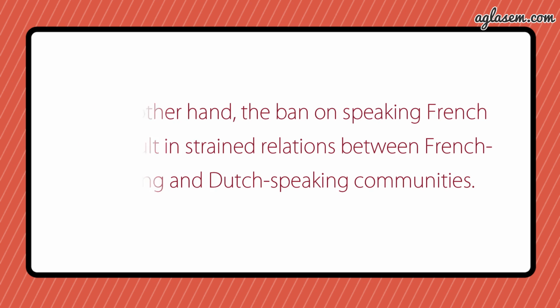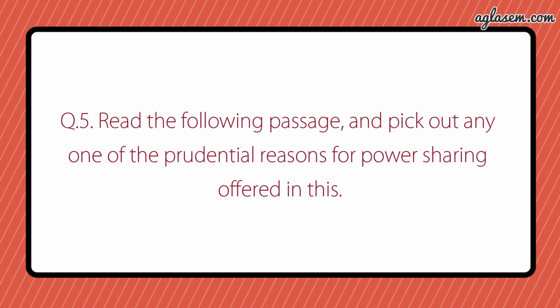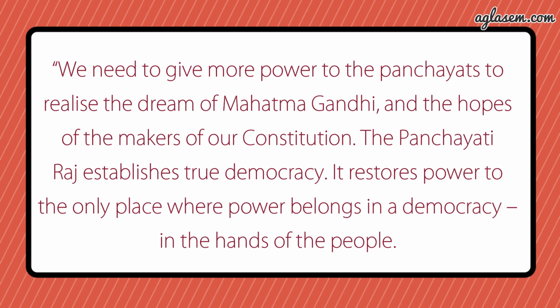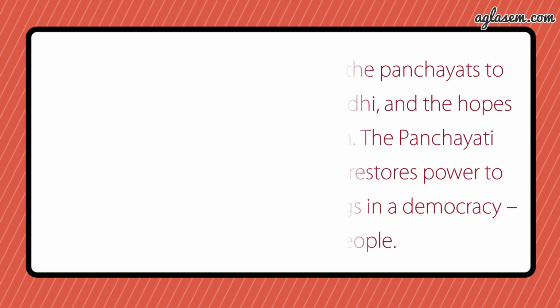Further, question number 5 says, read the following passage and pick out any one of the prudential reasons for power sharing offered in it. We need to give more power to panchayats to realize the dream of Mahatma Gandhi and the hopes of the makers of our constitution. The Panchayati Raj establishes true democracy. It restores power to the only place where power belongs in a democracy, in the hands of the people.